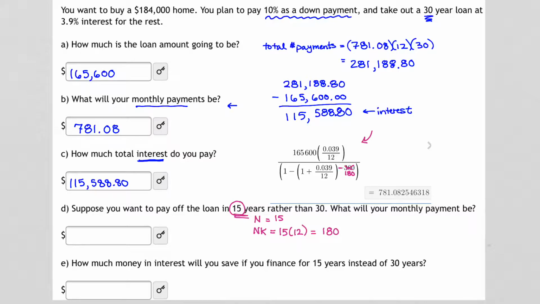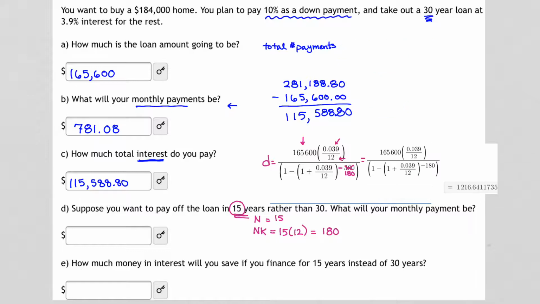Let's do that on our calculator and figure out what our new loan amount is going to be. Remember, this is our formula D that gives us the monthly payments. It's the loan amount with the interest and then the number of times we're compounding per year. So let's stick that in our calculator and come up with an amount.